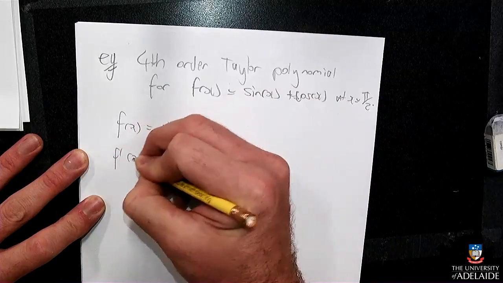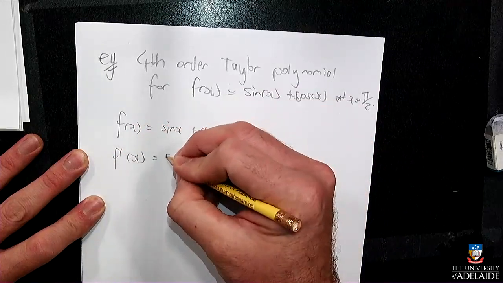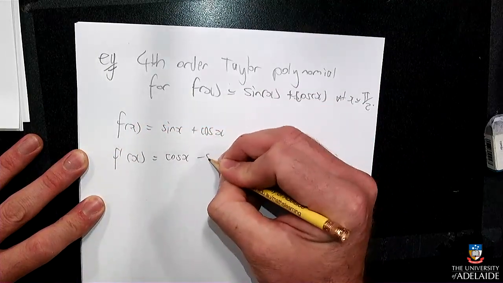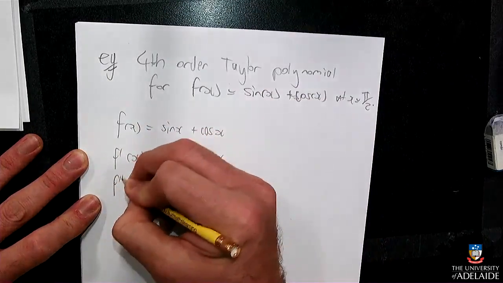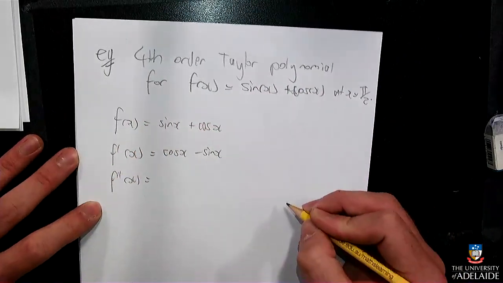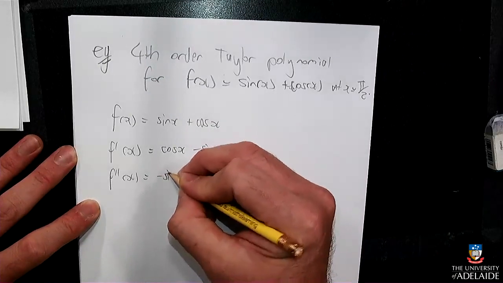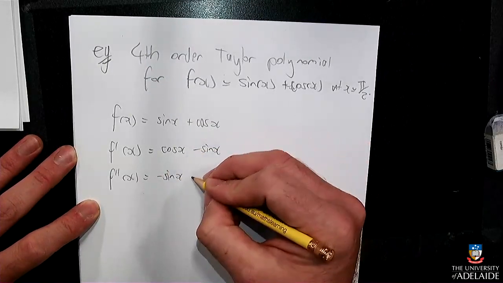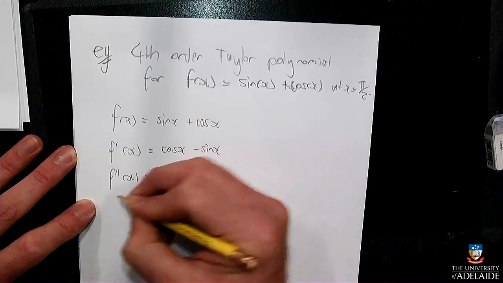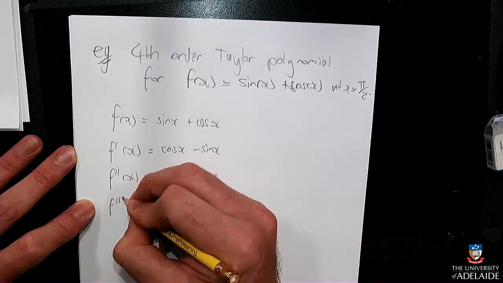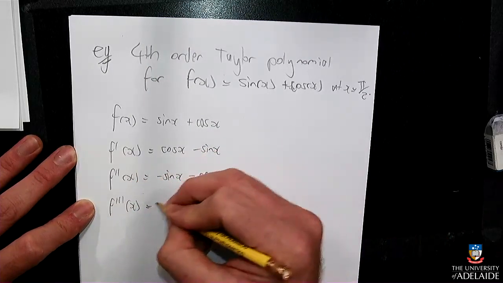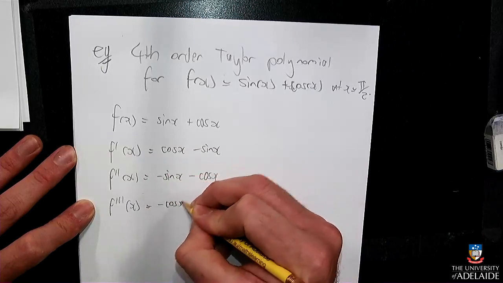All right. So the derivative of sine is cos. Derivative of cos is minus sine. The derivative of minus sine is minus cos. This will be minus cos, minus minus.